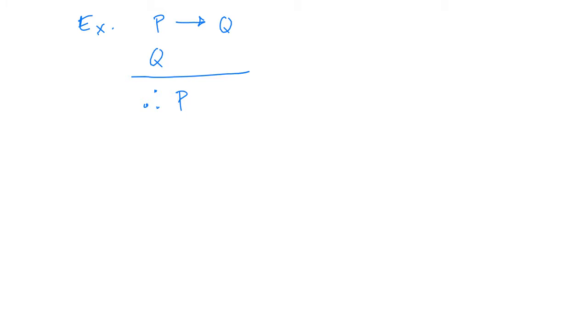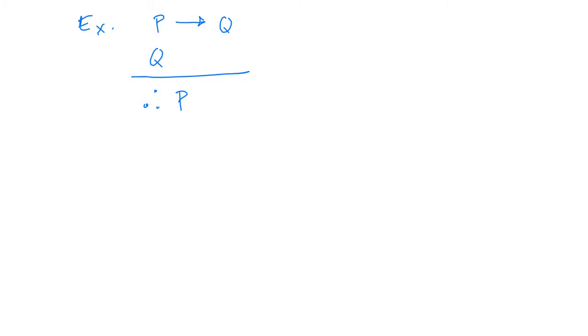Okay, so what we're trying to do here is we're trying to construct the truth table again and try to prove if this one is valid or not.